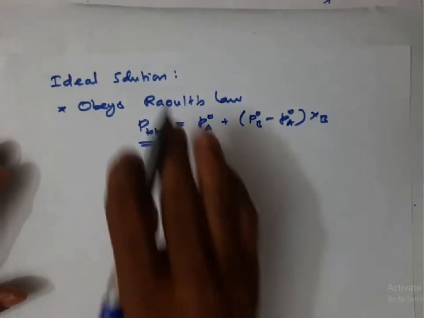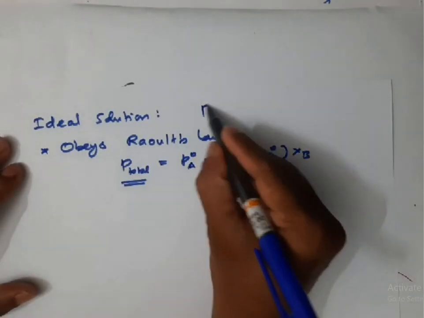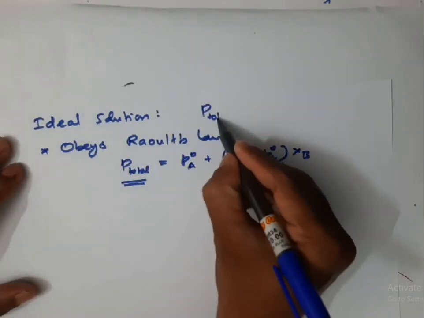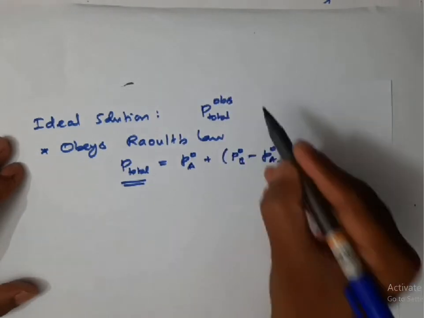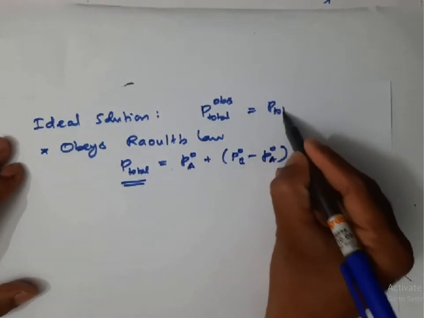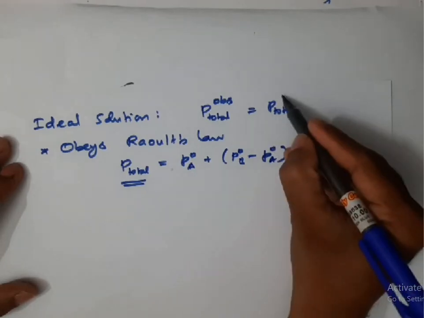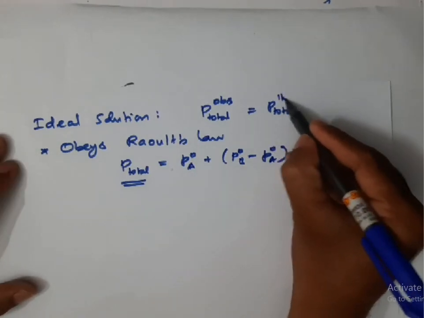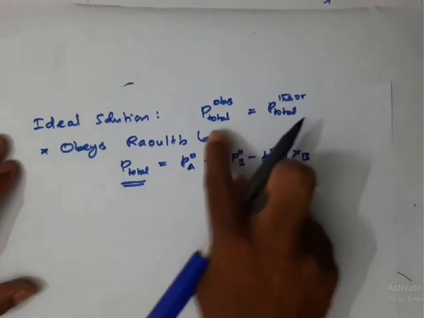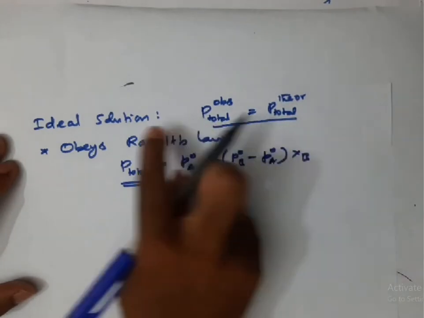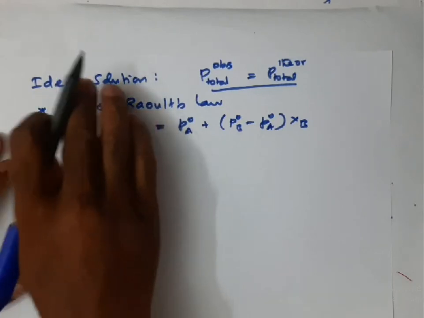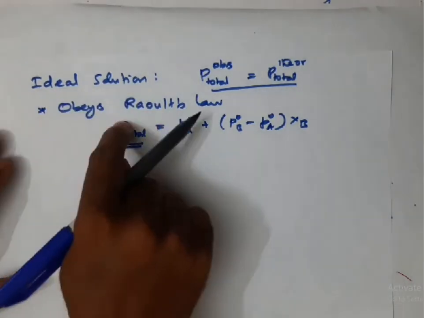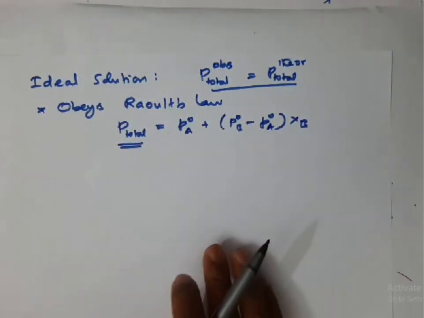For an ideal solution, the total vapor pressure measured experimentally, also called observed, and the total vapor pressure which is calculated, or theoretical, are equal. If these two are equal, we call the solution an ideal solution. It obeys Raoult's law under all compositions.